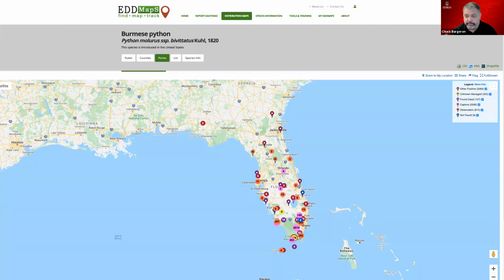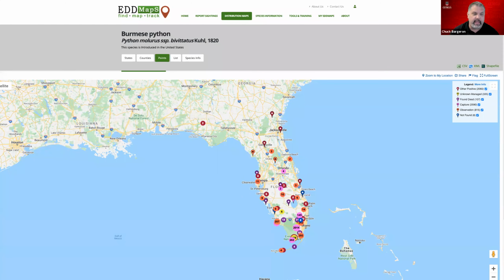And here's the current distribution map. This is part of the EDDMapS system that we run at UGA, and I'm going to talk about it in a few minutes, and how you could become involved in that and help us document these things. As you can see, the majority of the species have been found in the Everglades region of South Florida, but we are starting to see reports of them pop up farther north.